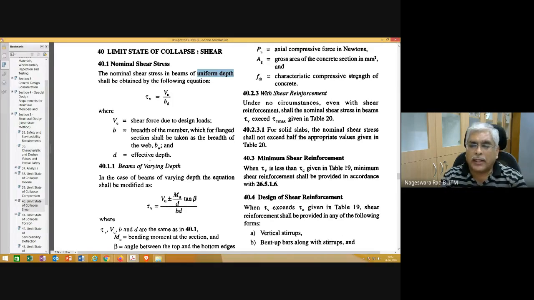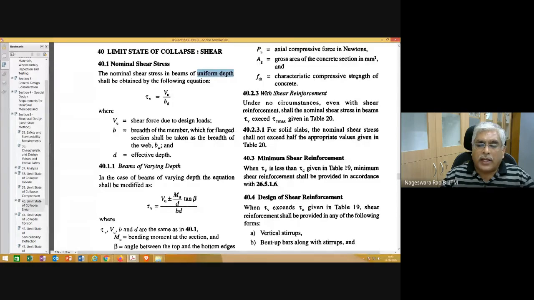If you go back to your mechanics of materials, once the bending moment is known, the bending stress f_y, or sigma_y, is given by bending moment divided by the section modulus. Just go back and revise those concepts.